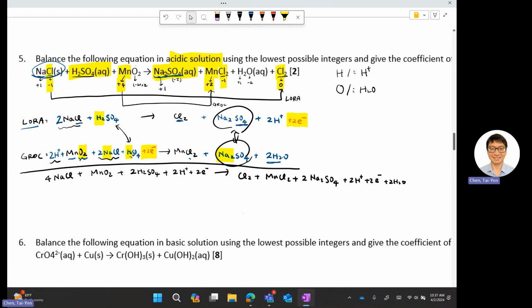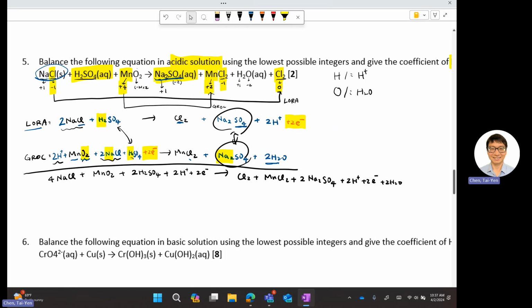Okay, so things get very long. Then you start to compare both sides. 2H plus on the left-hand side, 2H plus on the right-hand side, 2 electrons on the left-hand side, 2 electrons on the right-hand side. Therefore, it all cancels out.